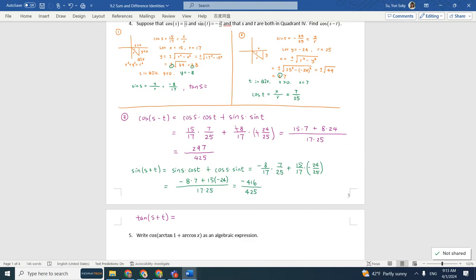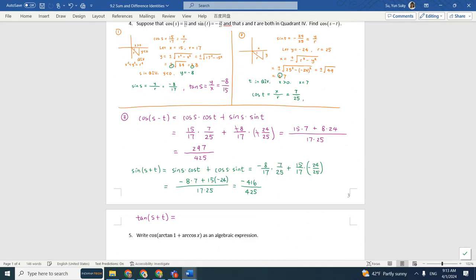Tangent S. What is tangent in terms of x, y, r? Y over r. Exactly. And what is y? Minus 8. Sorry, not y over r, y over x. Negative 8. And what is x? 15.